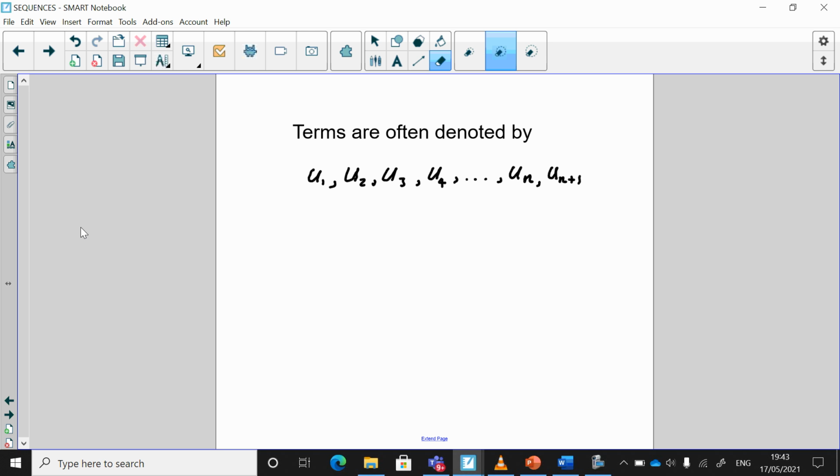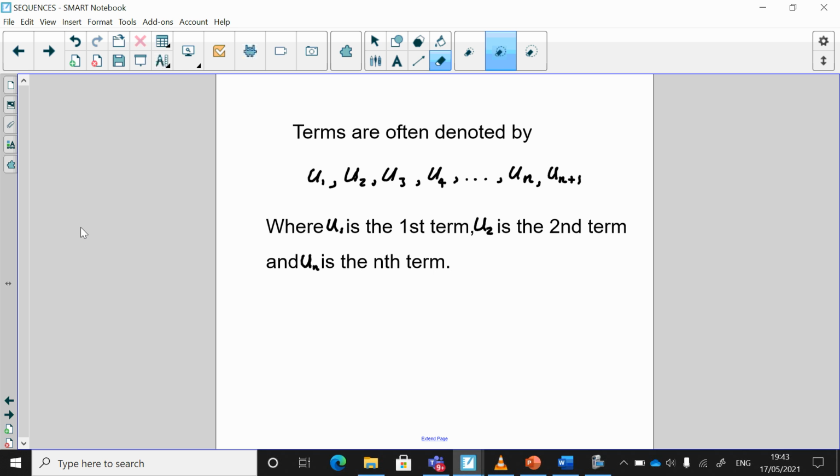U1 means the first term. U2, second term, all the way up to Un, that is the nth term. Un plus 1 is the following term. That's what we're just telling you here.